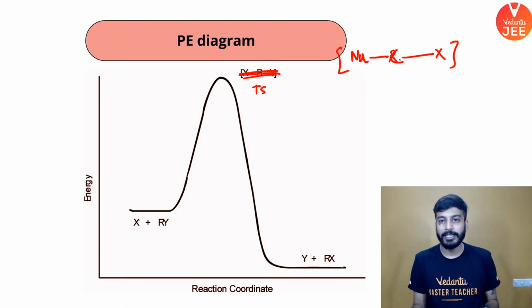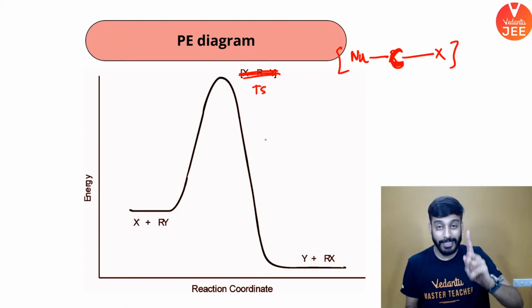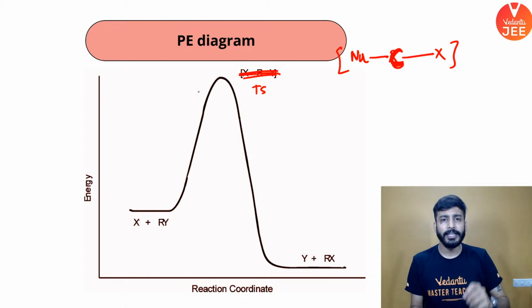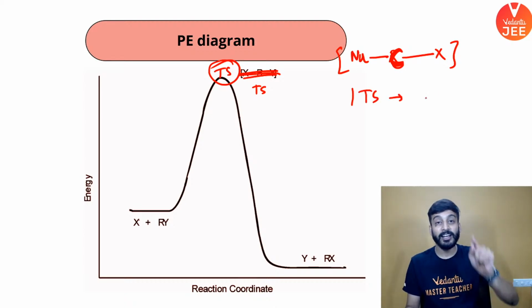Unstable situation, or I shall write here C. Understand? Clear? This is your TS. One step, one TS. And TS is very, very high in energy. One TS, one peak. One more thing you can remember: one TS means in the curve, you will get one peak.